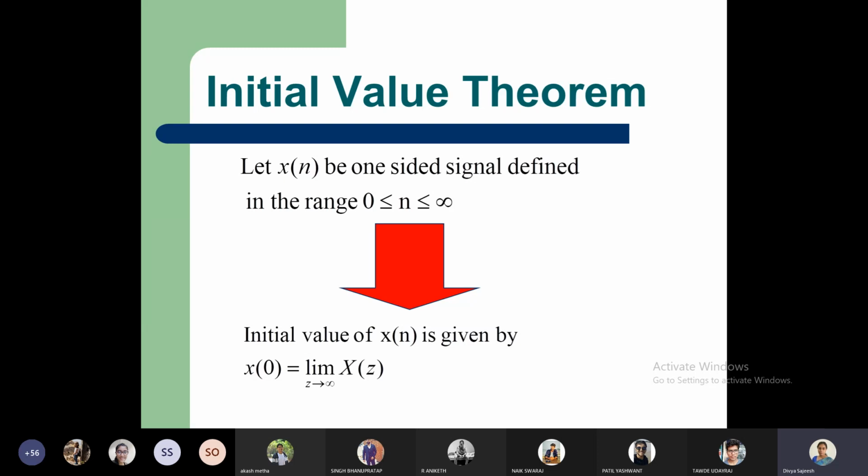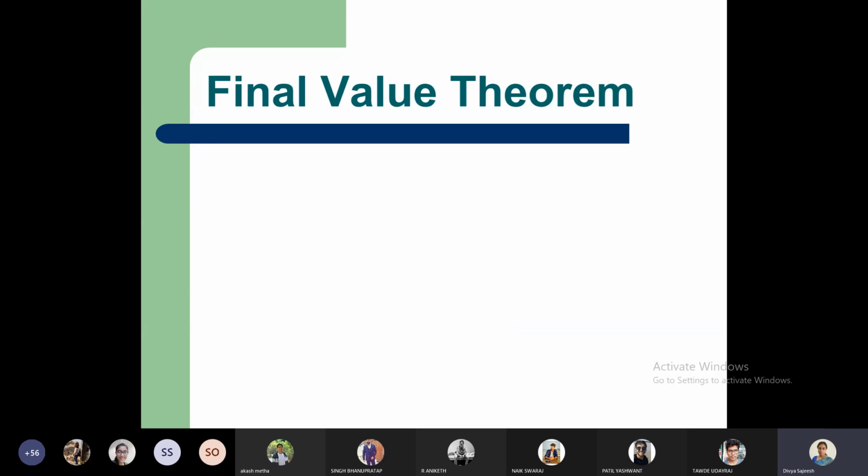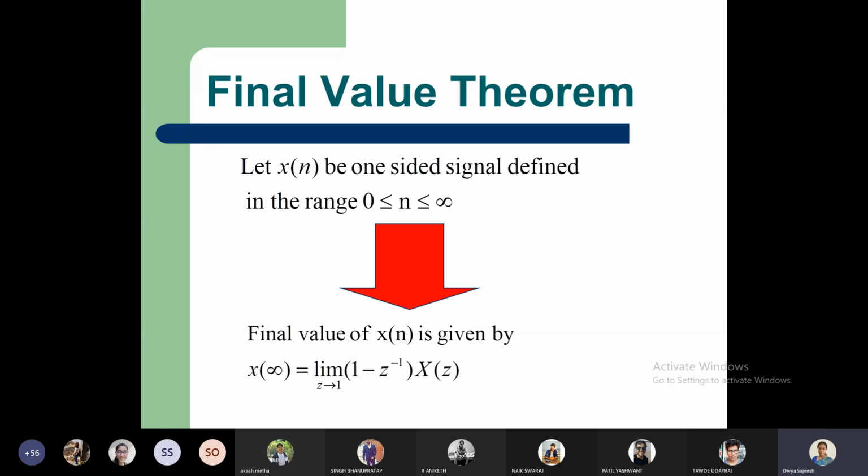Similarly, you can find the final value of the signal. The final value of x of n is given in terms of the Z transform as x of infinity, which is equal to limit z tends to 1, 1 minus z inverse times x of z. So these are a few theorems of the Z transform.